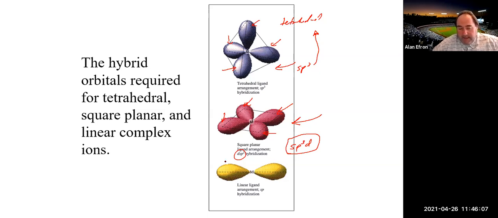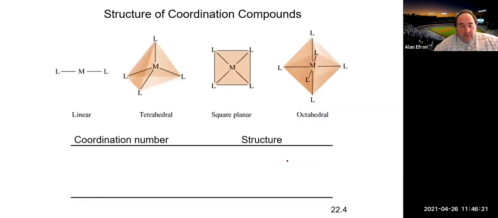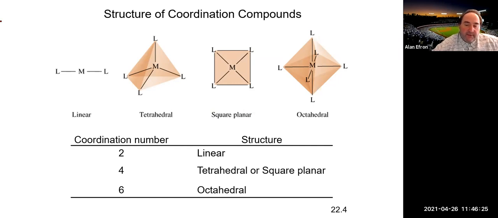Here's a couple of ligands attached, so our sp hybridization is happening, just like what we see with our linear as well. So based on the coordination number, we do typically get these geometries that occur with our coordination numbers in our complex ions.